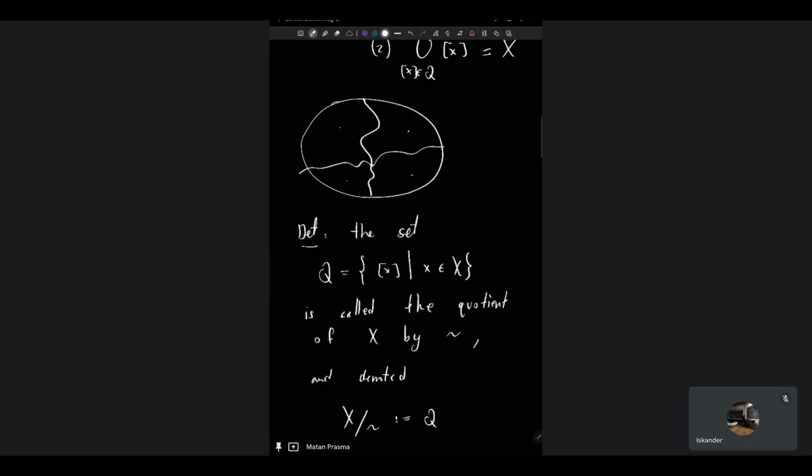This is our notation for the set Q. So in other words, the way to glue elements in a set according to some equivalence relation is simply taking the collection of all equivalence classes.